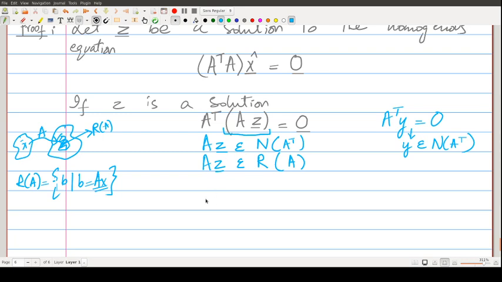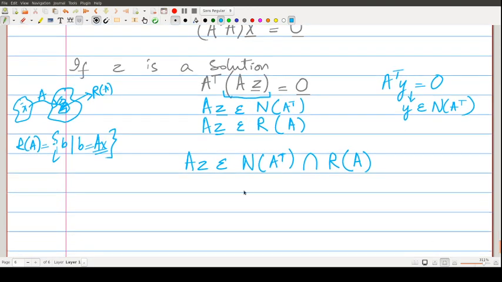Now what does this tell me? Az is in the null space of A transpose, and it is in the column space of A, which, if you remember, are orthogonal complements of each other.